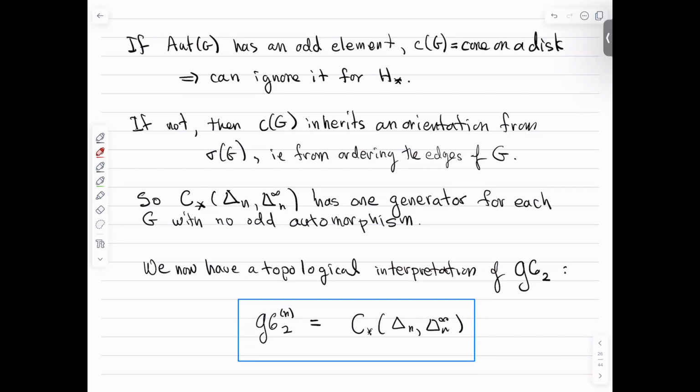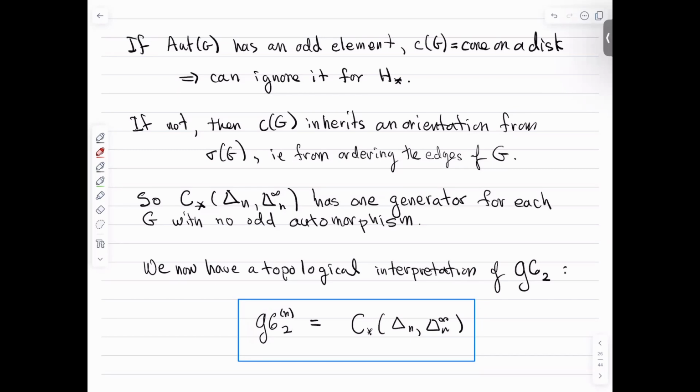So let's think about the chain complex for this quotient space. You can think of it as having one generator for every graph which doesn't have any odd automorphisms. That's supposed to be sounding familiar. And the orientation on the quotient sphere is induced by the orientation on the original sphere.